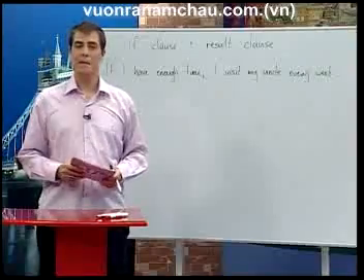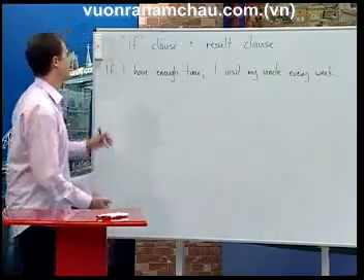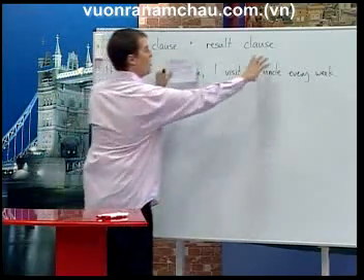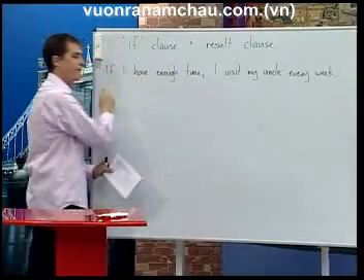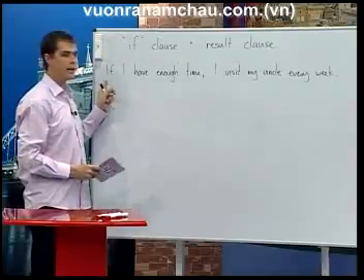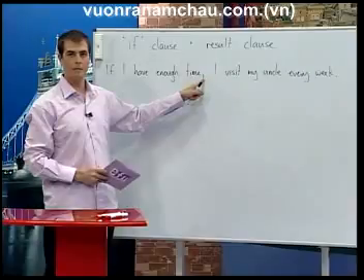Okay, now a sentence can begin with the if clause or the result clause. In other words, we can have, if I have enough time, I visit my uncle every week, or we can change it. I visit my uncle every week if I have enough time. That's okay. When we begin a sentence with if, we must have the comma.